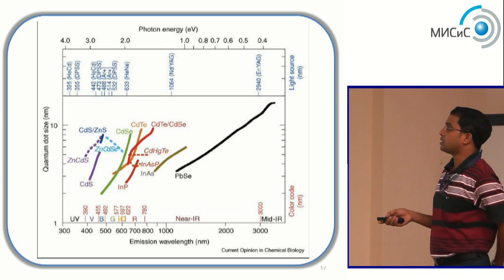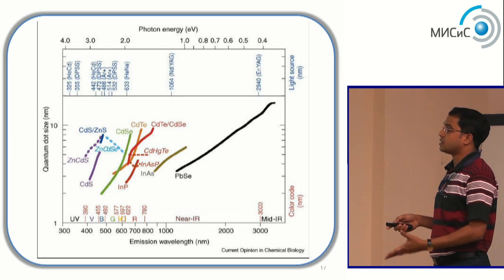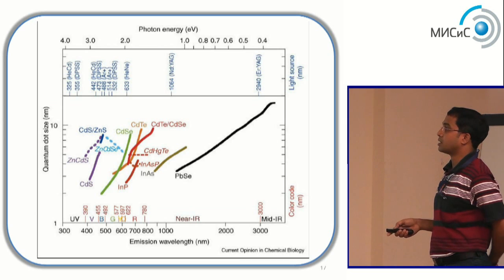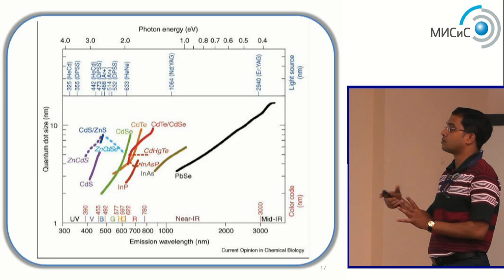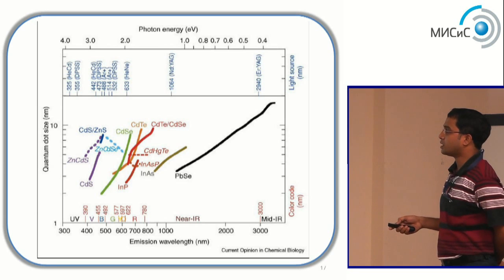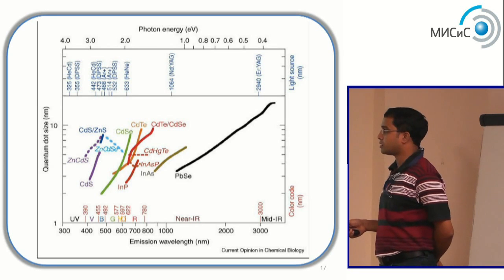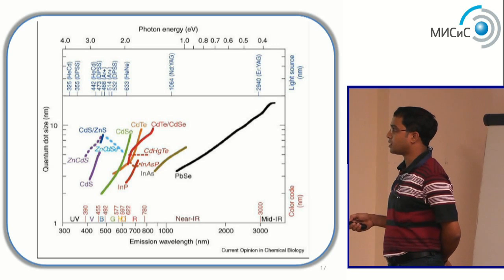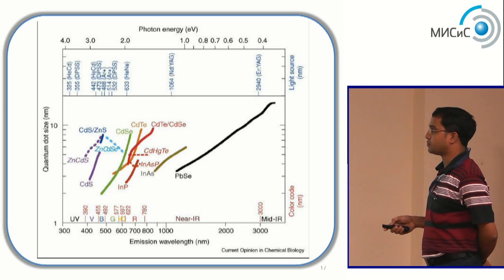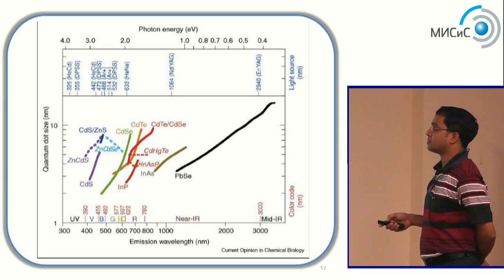As I mentioned, according to our demand, we need to synthesize quantum dots. Right now we are interested only in cadmium selenide or cadmium telluride for our present purpose, and also cadmium sulfide.